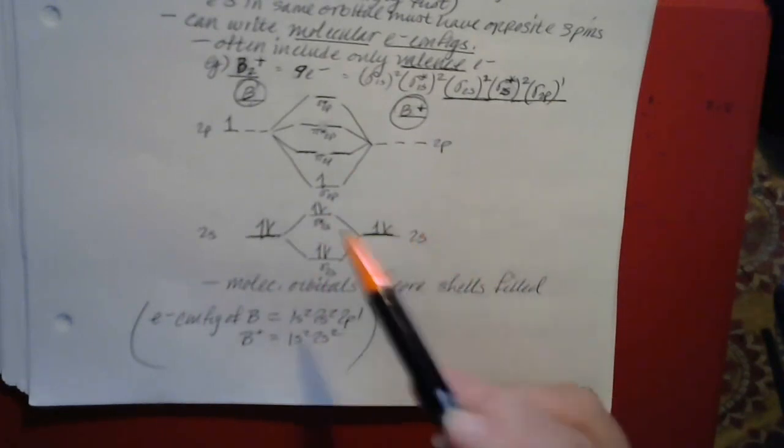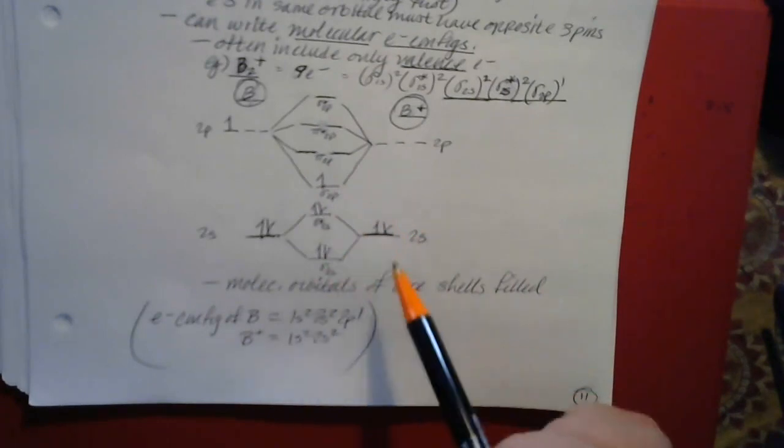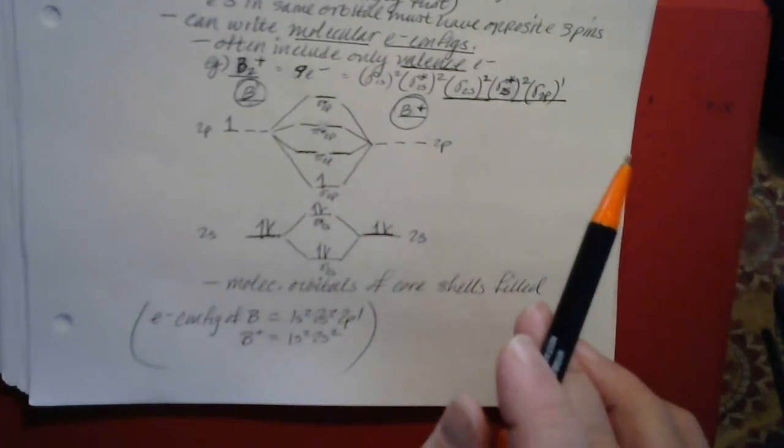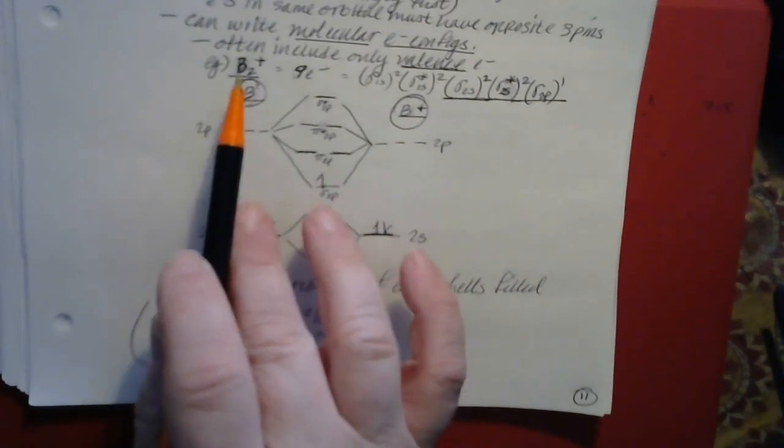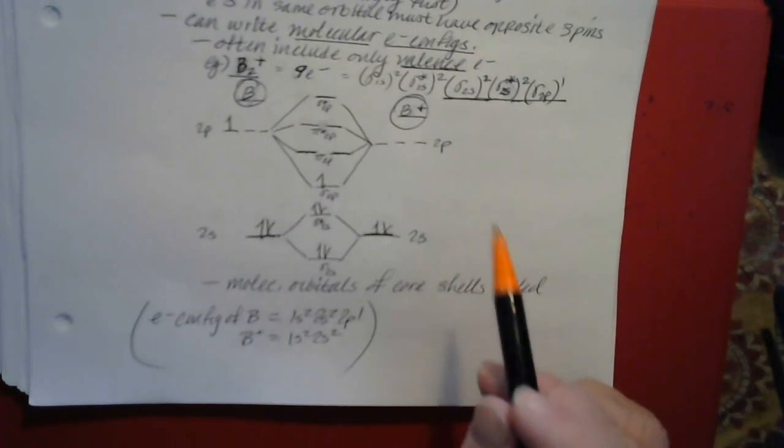Okay. And looking at this, we haven't gotten to bond order formally yet, but just looking at this diagram, the fact that we have more electrons in bonding orbitals than we have in anti-bonding orbitals would tell us that this molecule, B2 plus, or ion rather, would form, but the bond would be weak, and so it wouldn't be very stable.